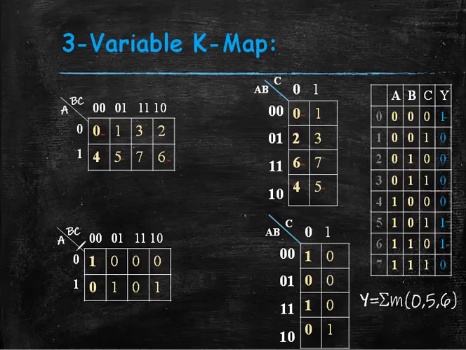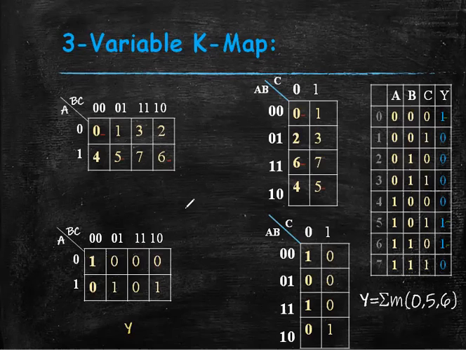That means A bar, B bar, C bar, plus this position, that is A is 1. Then A, B bar, C, or A, B, C bar.